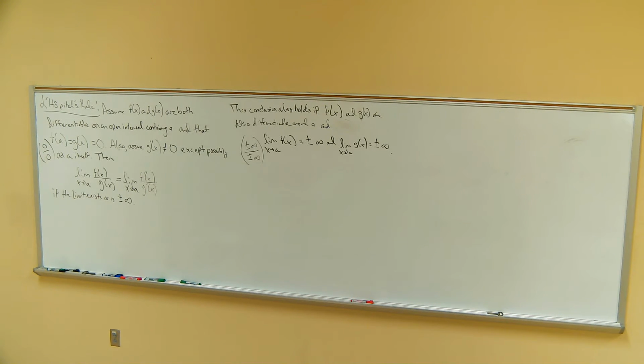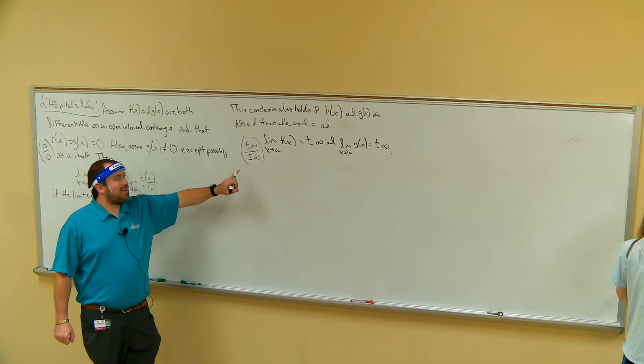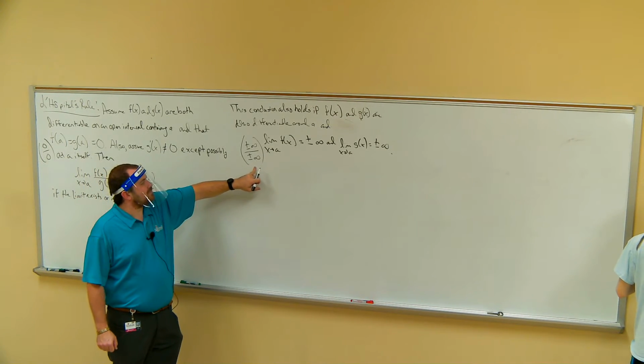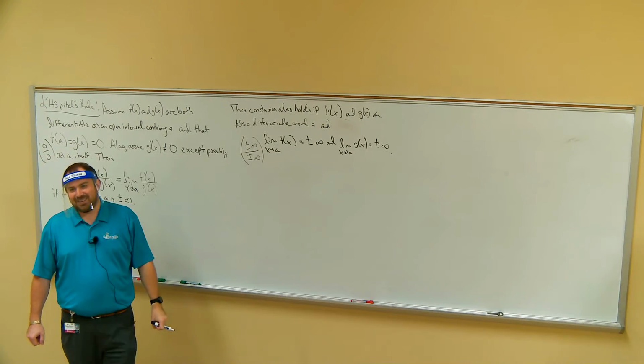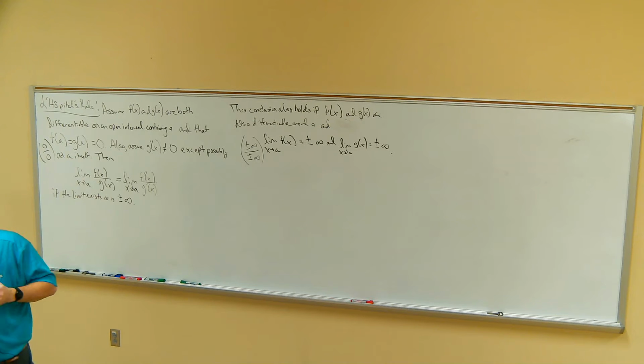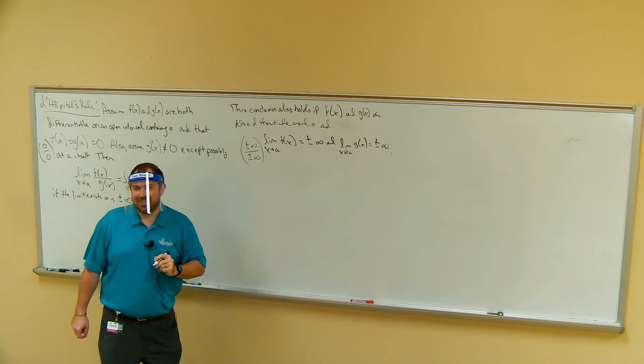Your book is going to write it as infinity over infinity. The nice thing is these do not have to be the same infinity. They don't both have to be positive or both negative. It just has to be something infinity over something infinity.